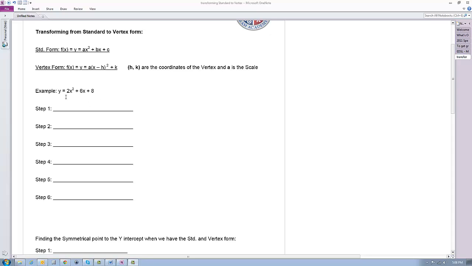During this lesson, I'm going to go over the transformation of a quadratic from standard form to vertex form.